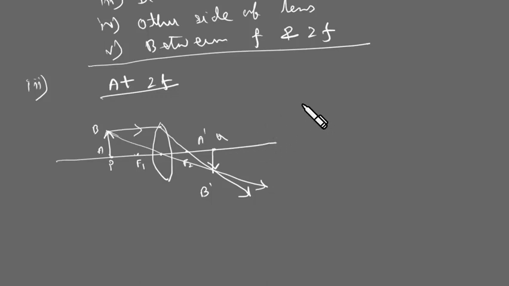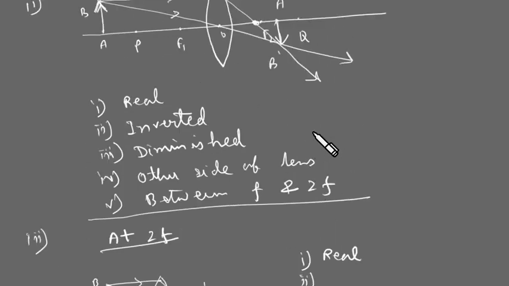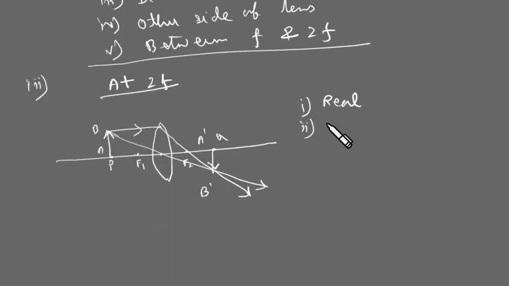So what are the properties of the image this time? When the object is kept at 2F distance, the image is real again, because the image is formed by the converging beam, where the beam is converging to a point and the image is formed there. Then it is inverted again. Then of the same size as the object.